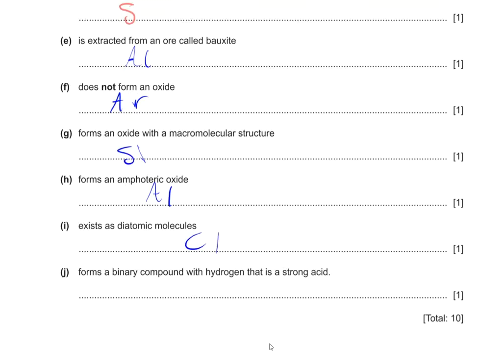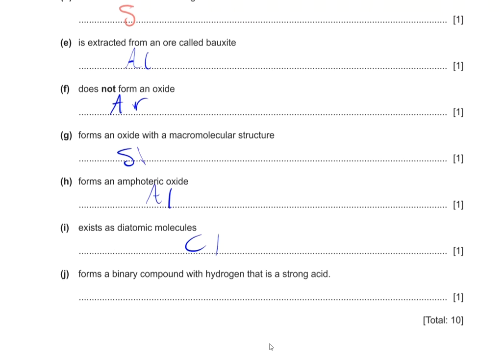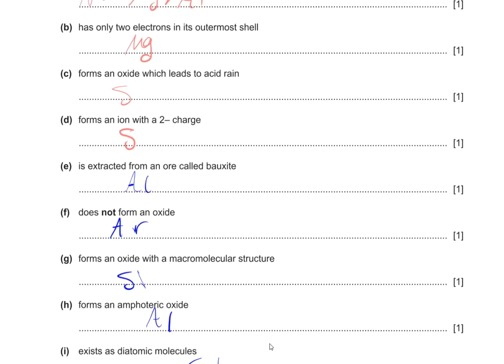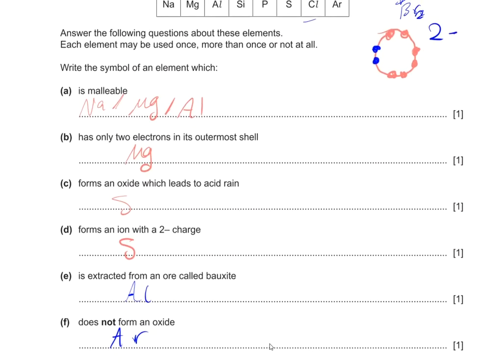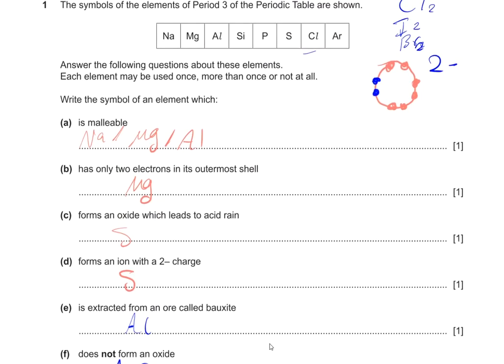Forms a binary compound with hydrogen that is a strong acid. So the possible acids that can be formed with hydrogen from these elements are 2 actually. We have chlorine and sulfur.